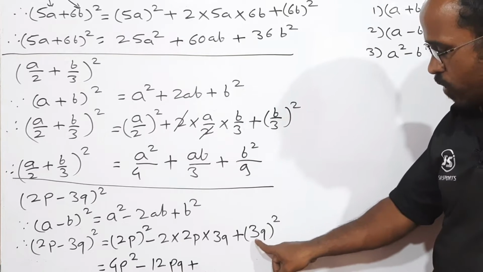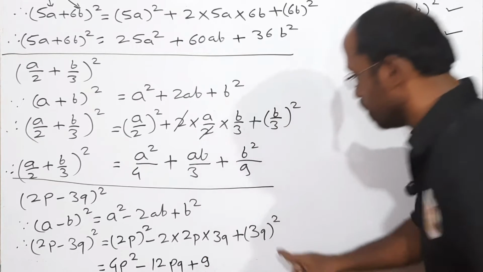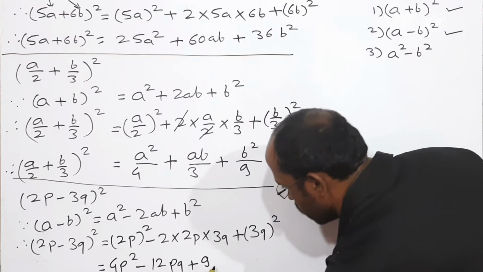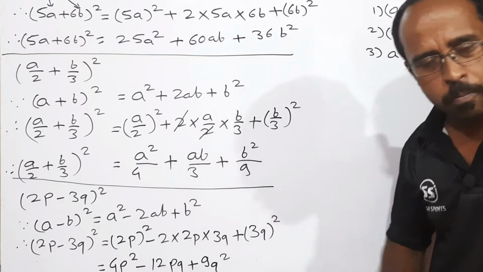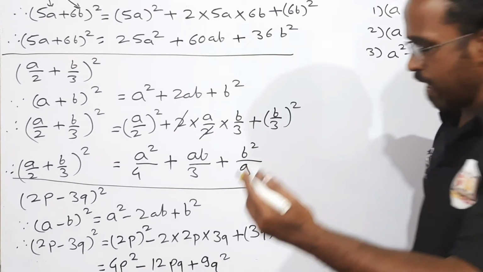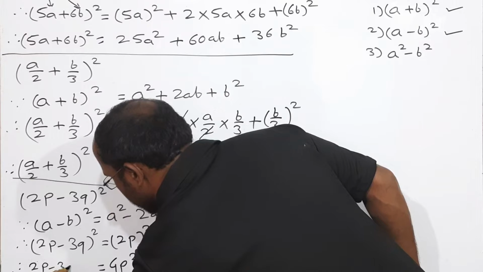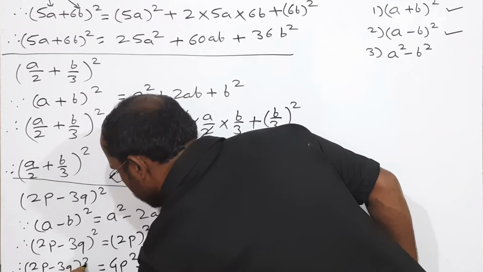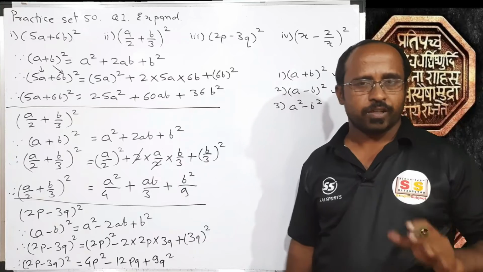We have to square 3 also and q also. Square of 3 is 9. Square of q is q square. See, all of the terms are unlike. Further expansion is not possible. Hence this is our final answer. We can say 2p minus 3q square is equal to 4p square minus 12pq plus 9q square.